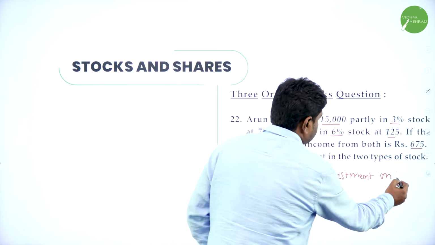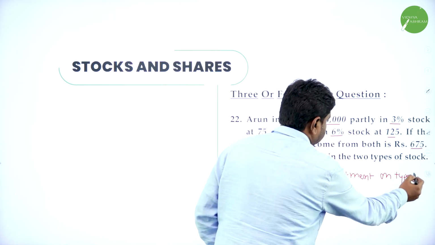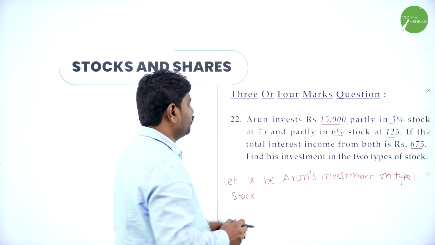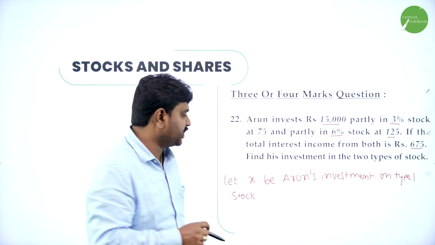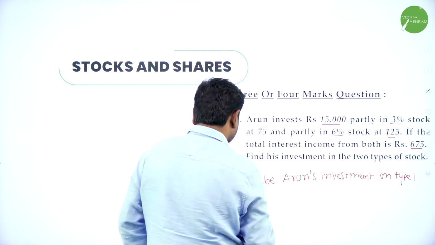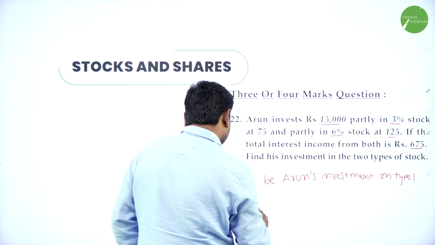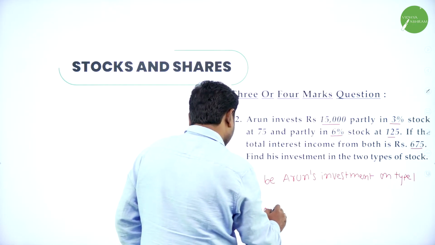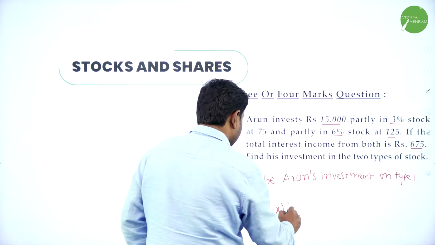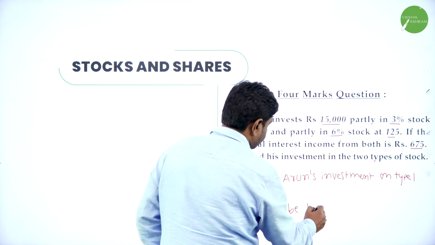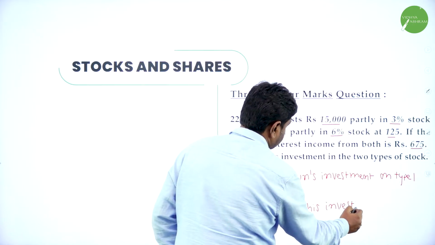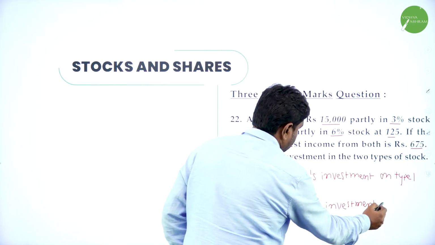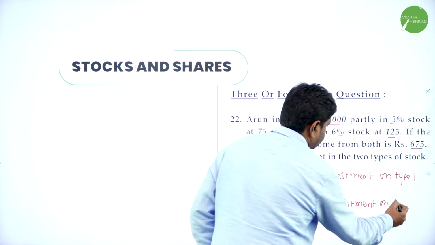See, out of 15,000 he invested X rupees. Remaining is what? 15,000 minus X. So 15,000 minus X be his investment on type 2 stock.